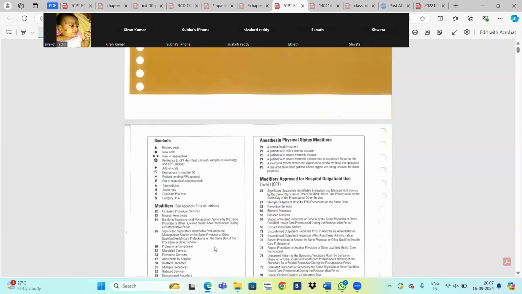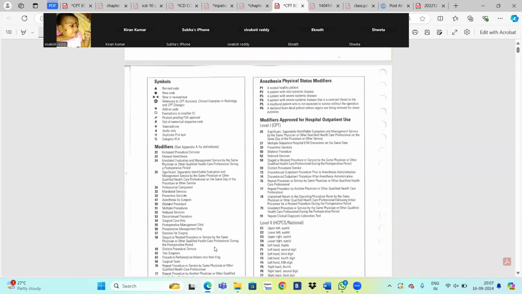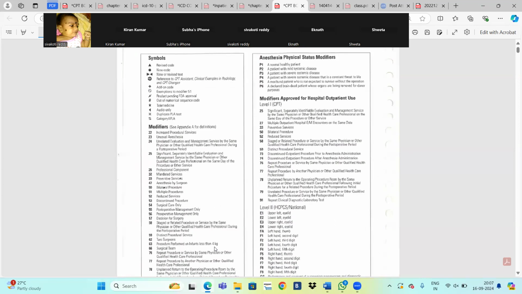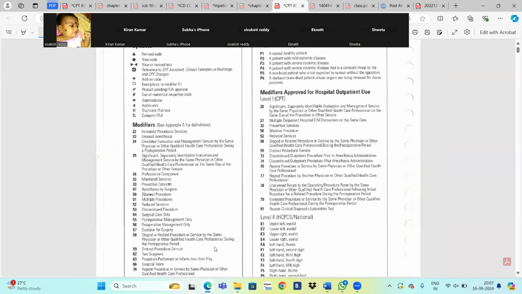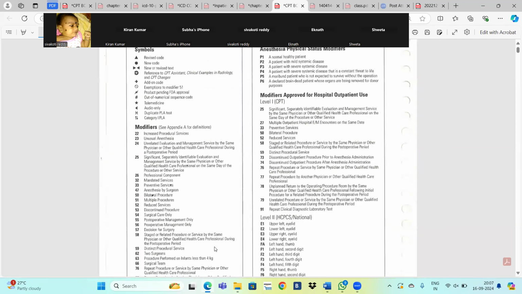If you turn the page in the CPT, you will get these symbols and modifiers. Before going to that, we can discuss how to use a CPT book, the structure of CPT.